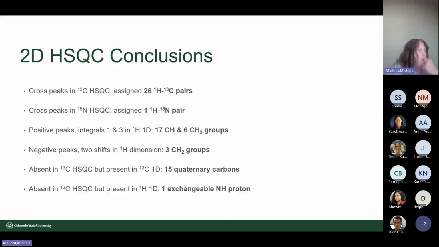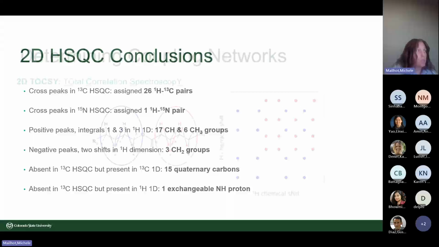So that's why that one was done. So at the end of the day, for 2D HSQC, we know which protons were connected to which carbons. We know the nitrogen proton that was connected to the nitrogen. We know which ones are CH2, which ones are CH3, which ones are CHs. And from the carbon, we know which are left over have to be the quaternary carbons. So that's the process of elimination, how you go through this data.